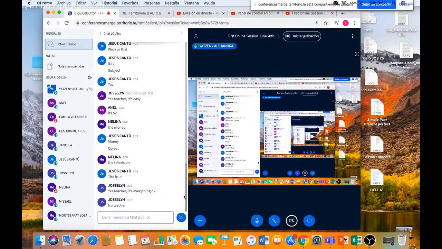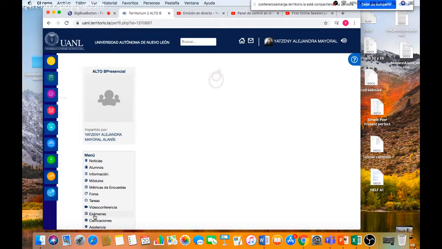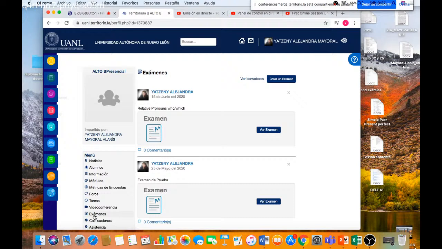Now, we are going to pass, could you please open Territorio platform? And over here in the part of exams, as I told you, it's not an exam. It's an exercise that belongs for today, and it says ver examen.